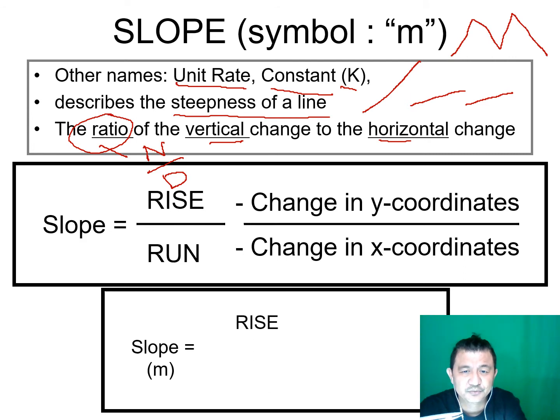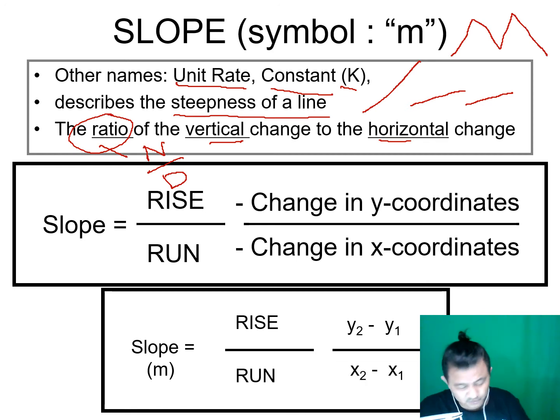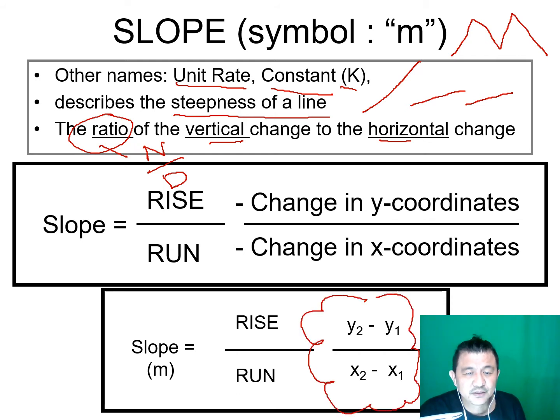The slope will be the change in y, the rise, over the run. Change in y is y2 minus y1 over x2 minus x1. These are the most popular formulas that you will have to remember until you reach high school. y2 minus y1 over x2 minus x1.